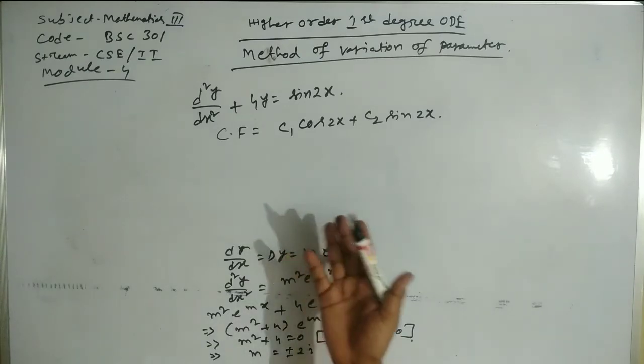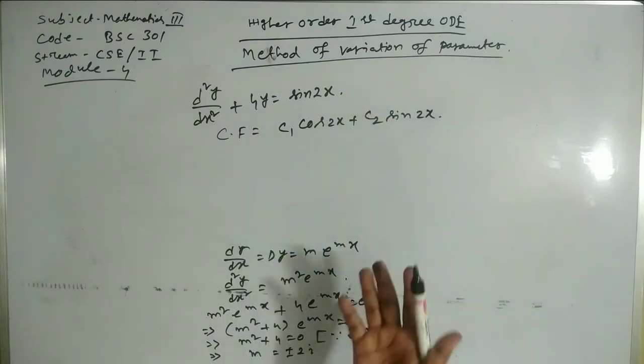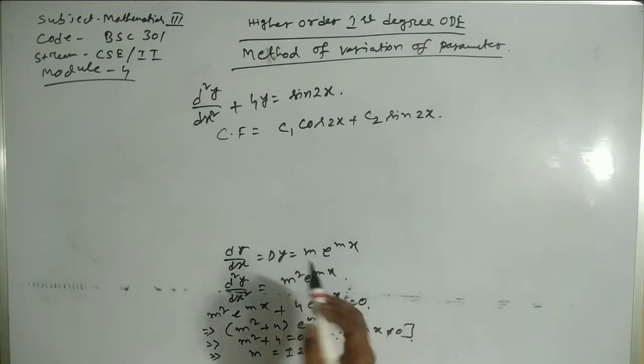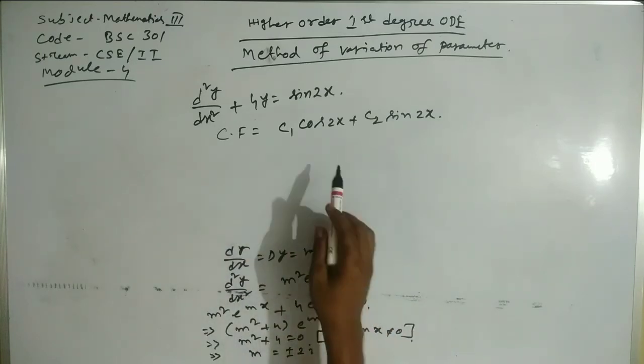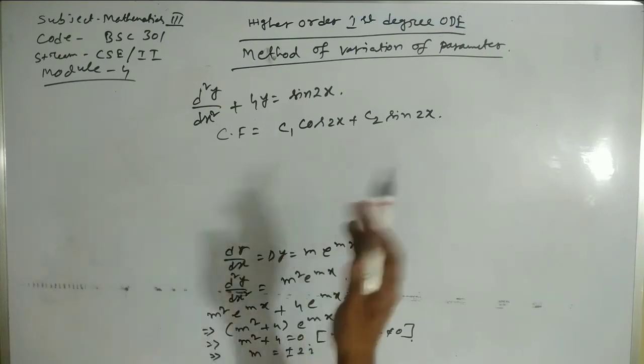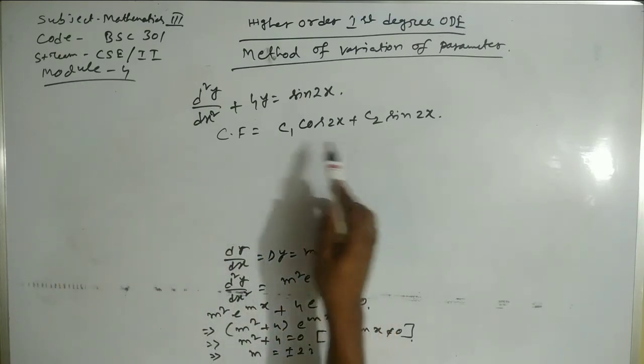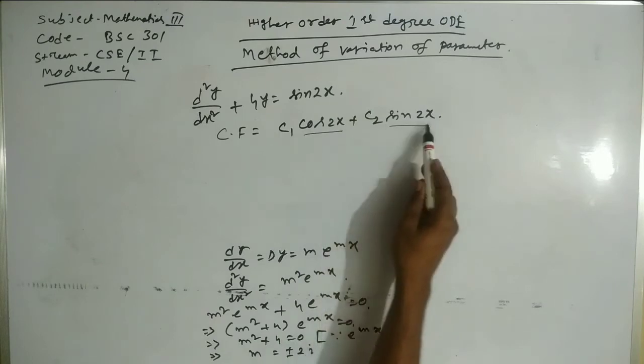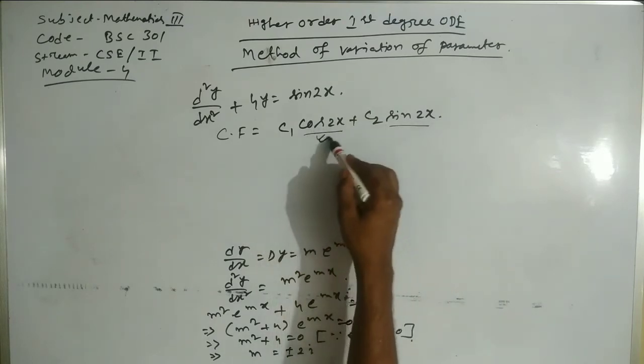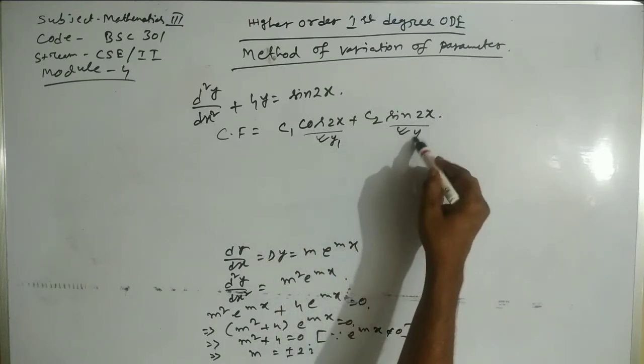At first when I was discussing the method of variation of parameter, I told that in the complementary function I always get two functions of x. Here I named those as y1 and y2. Here y1 is cos 2x and y2 is sin 2x.